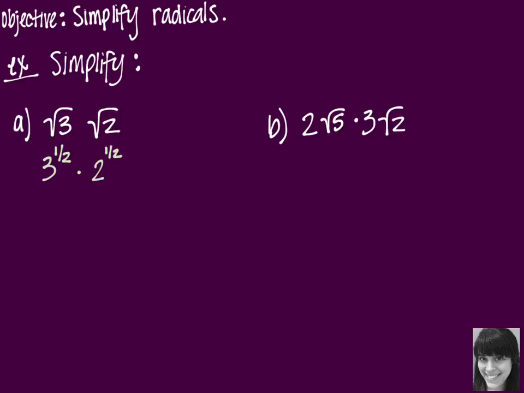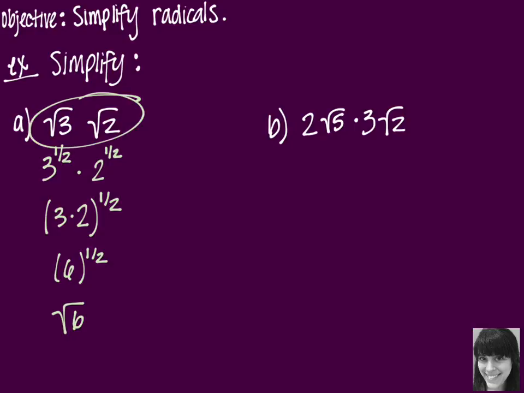And then I can take those 1/2s and I can put them on the outside of 2 parentheses. So I have 3 times 2 to the 1/2, which gives us 6 to the 1/2. And that 1/2 is the same thing as square root. So I can say the square root of 6. Okay, so this and this are the same things.